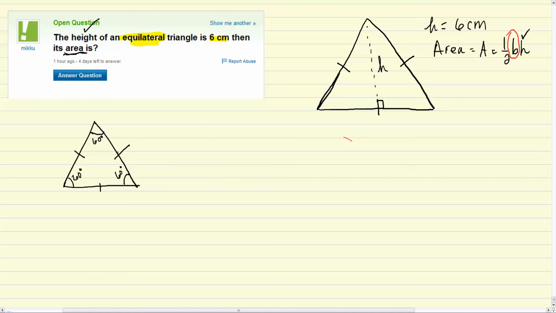What this means is when you drop this perpendicular, it actually bisects this top angle into two 30-degree angles. And lo and behold, you end up with a special 30, 60, 90 right triangle.